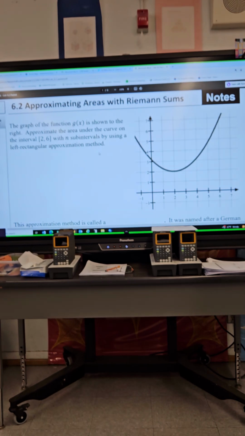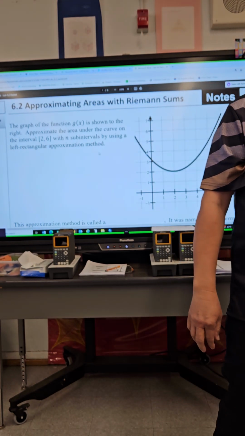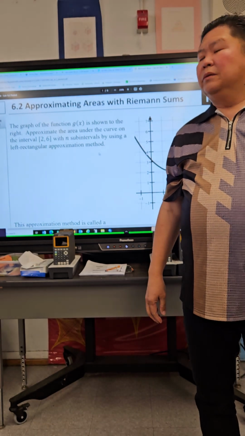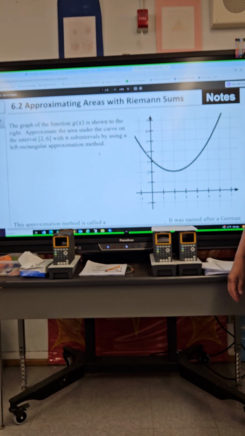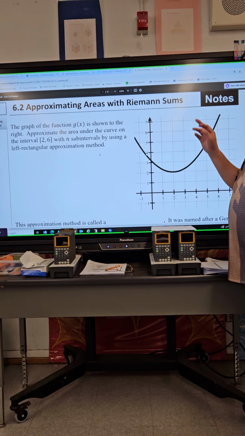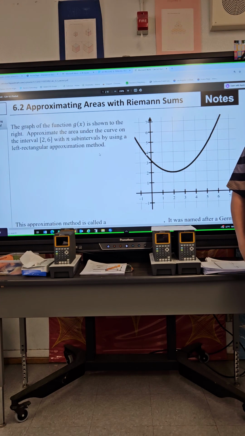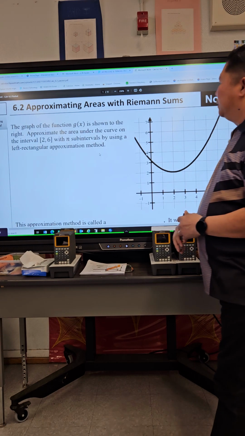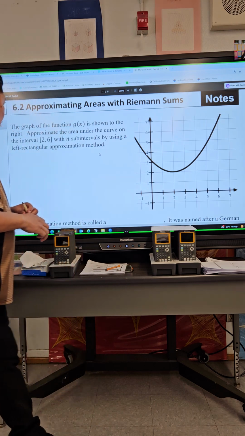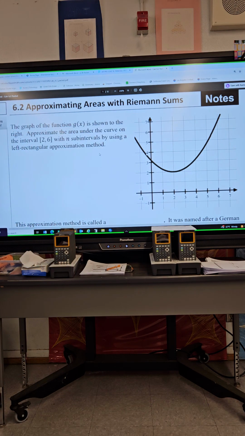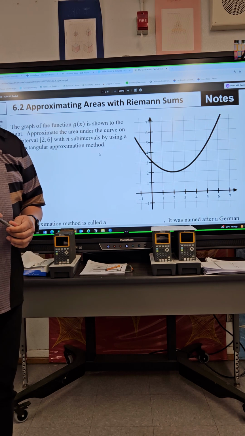Okay guys, we're gonna do the next lesson, which is 6.2, approximating areas with Riemann sums. But before the graph of the function, Bernhard Riemann is a German mathematician.